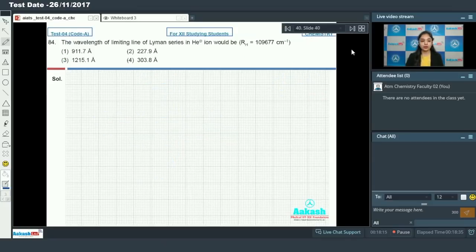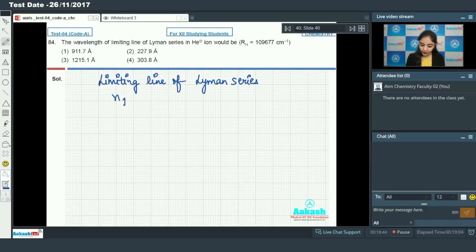Moving on to the next one, question number 84, which says: the wavelength of the limiting line of the Lyman series in the helium plus ion would be. For the limiting line of the Lyman series, n1 will be equal to 1 and n2 will be equal to infinity.